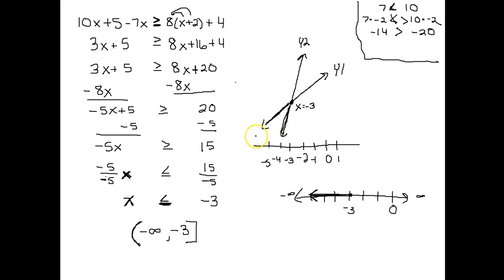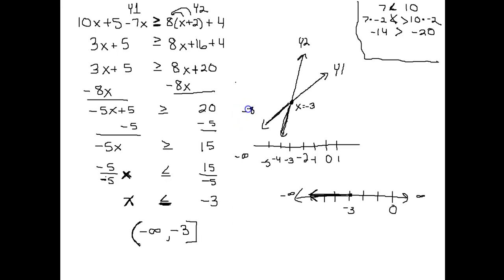And that's true until you go out to -infinity. So for everything from -infinity up to -3, y1, this side, is bigger or higher than y2, or this side. So the interval goes from -infinity to -3.